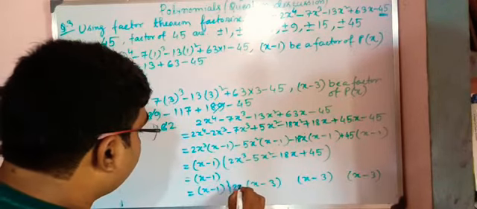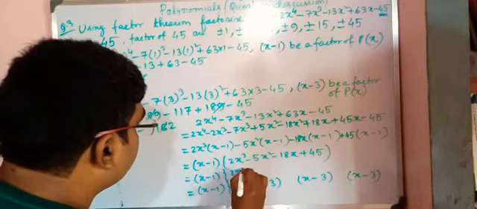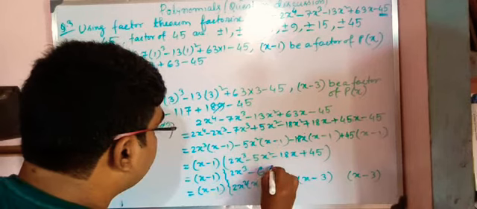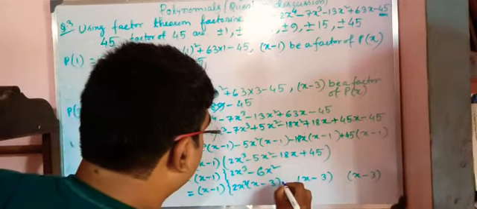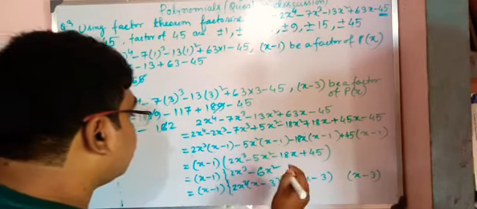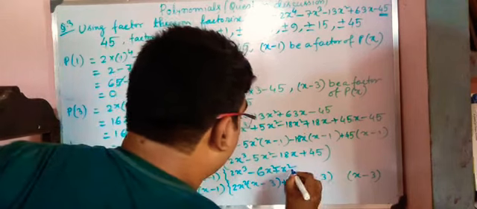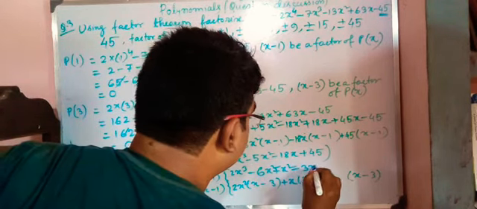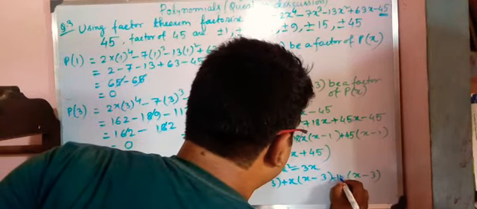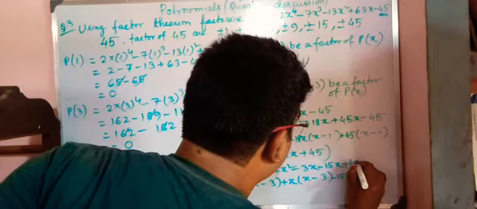Again we have to multiply here 2x square, 2x cube minus 6x square plus x square, because 5x square are already present here, understood, minus 3x minus 15x plus 45.